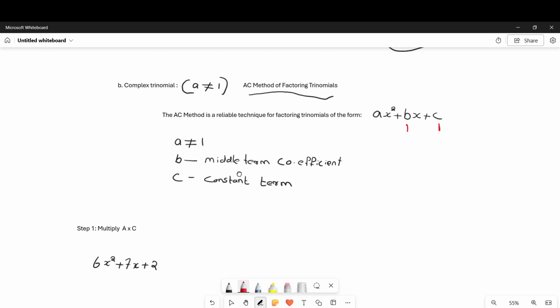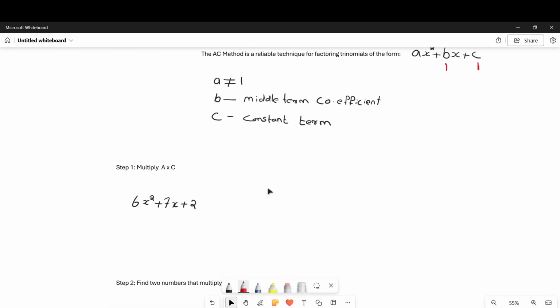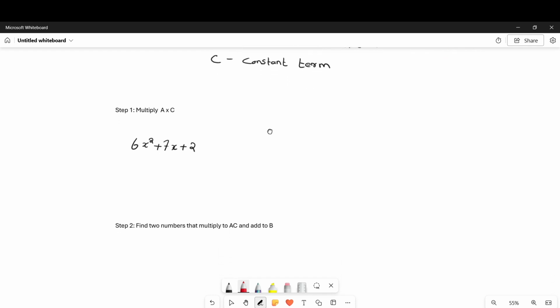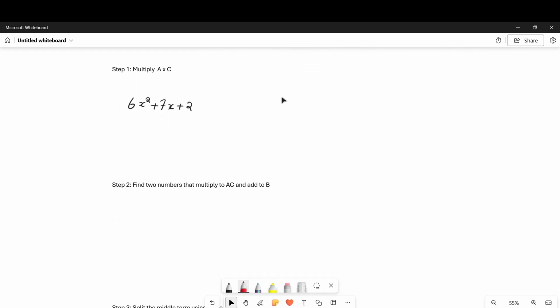So when we have a complex trinomial, what we want to do first, I will show you. See, this is an example. First, what we need to do: a is 6, b is 7 and c is 2. These are the values of the coefficients.